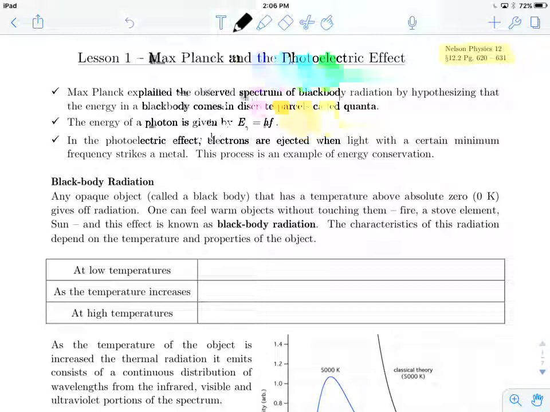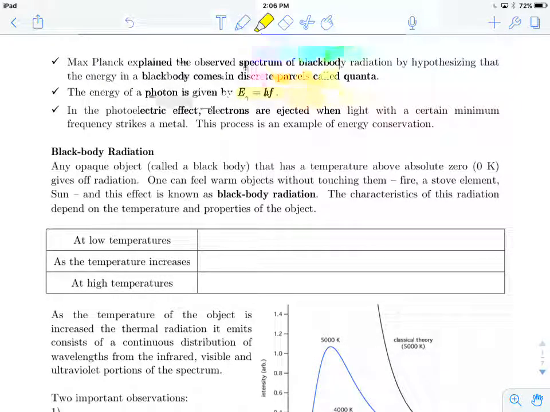The energy of a photon is given by E equals h, which is Planck's constant, times the frequency of that photon. And we're going to look at the photoelectric effect, which was explained by Einstein: electrons are ejected from a metal when light with a certain minimum frequency strikes that metal, and this is an example of the conservation of energy.